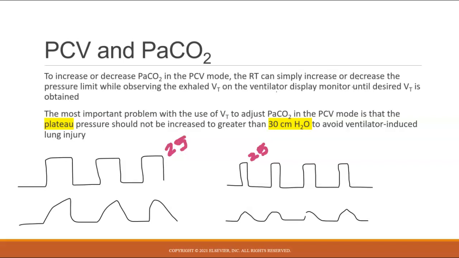My patient is getting a bigger breath. Over here, as I shorten my I-time, that's going to reduce my volumes delivered as well. So again, it's not just my pressure gradient. You might also need to be looking at I-times to make sure that's not what's shortchanging your tidal volumes.